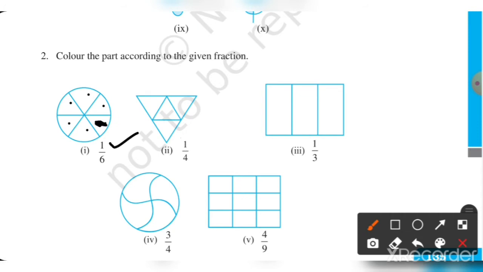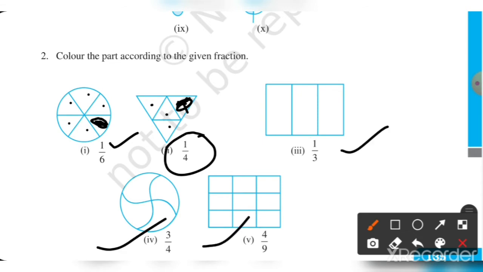So fill color in any one of the parts. In the second one, 1/4. So out of 4 parts, color 1 part. Clear? In this way, you can do the third, fourth and fifth.